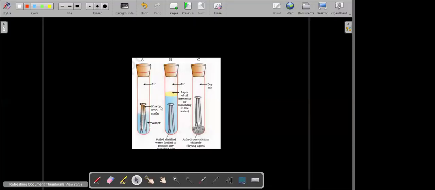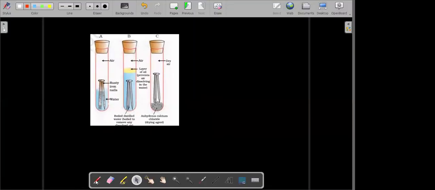This explains that rusting of iron requires necessary conditions. For rusting of iron, iron must be exposed to air and moisture both. Then rusting of iron can occur.